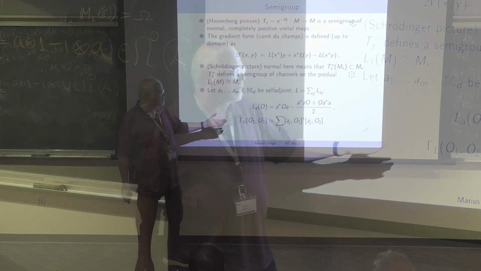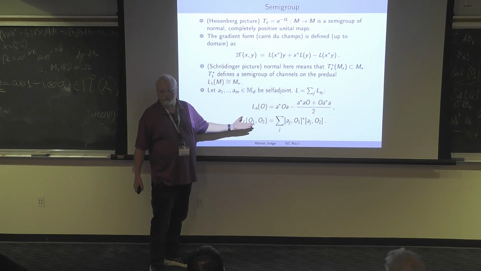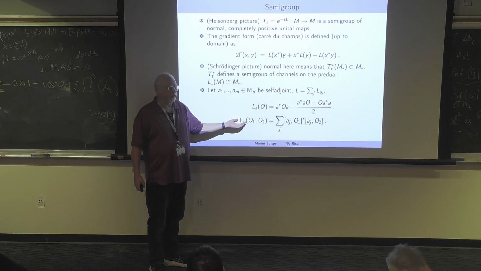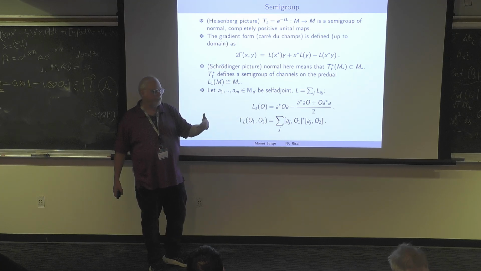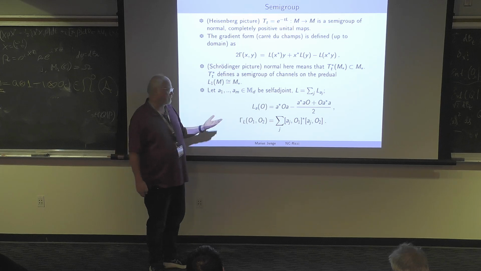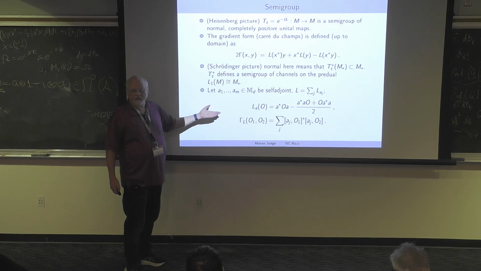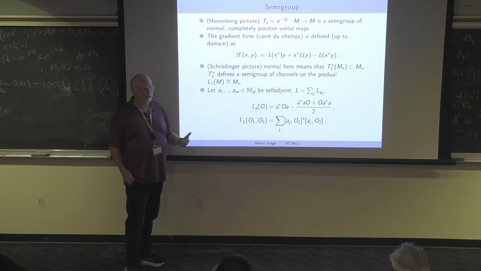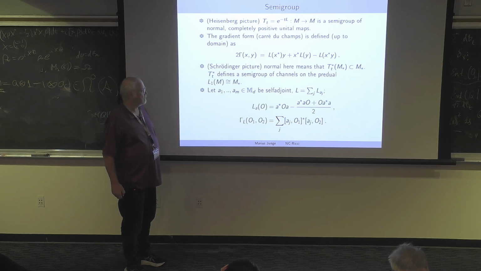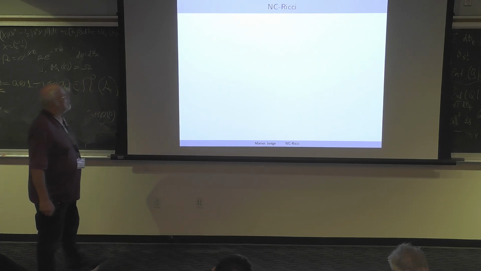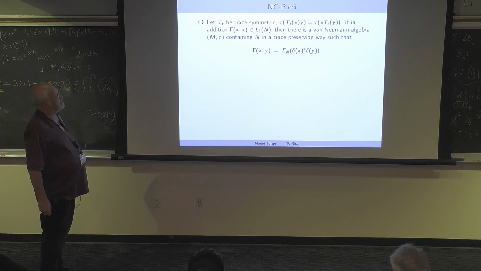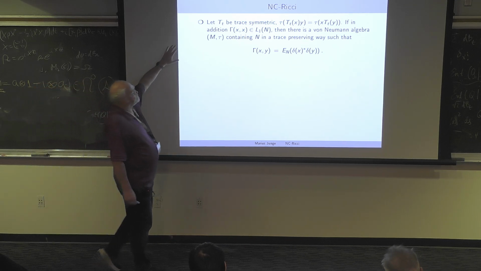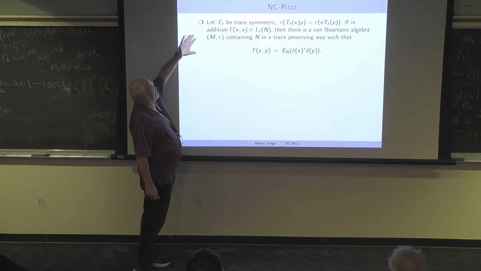It's super difficult for concrete matrices to look at this version of Ricci curvature. That's one indication that things are different, or at least not as elementary as we want them to be. Non-commutative Ricci curvature.